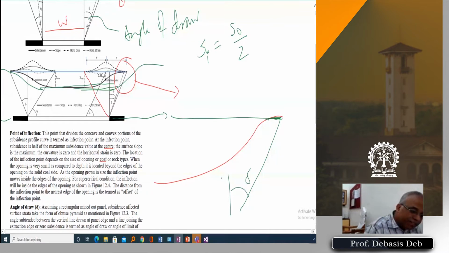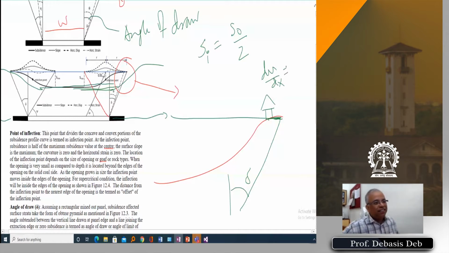Now let's say in this particular area I have a house, and this house is built for du/dx less than 0.005.